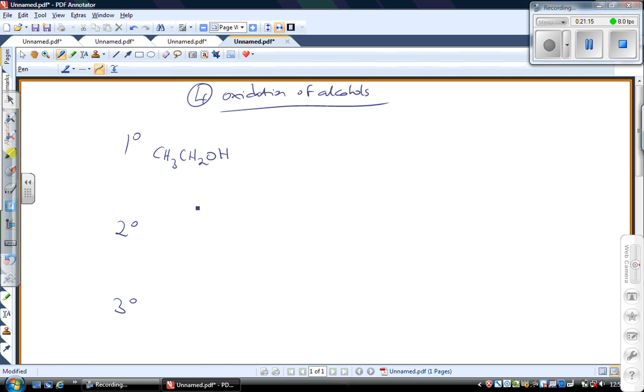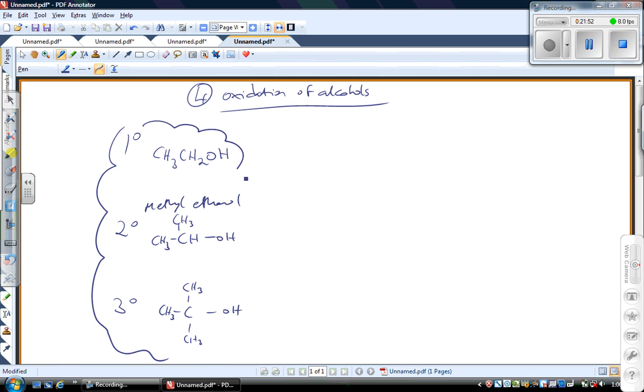And for our secondary alcohol, we're going to take a look at methyl ethanol, which is just simply ethanol with a methyl group stuck on one of the carbons. And then for our tertiary, we'll take a look at dimethyl ethanol. Okay, so primary, secondary, and tertiary alcohol set up there.